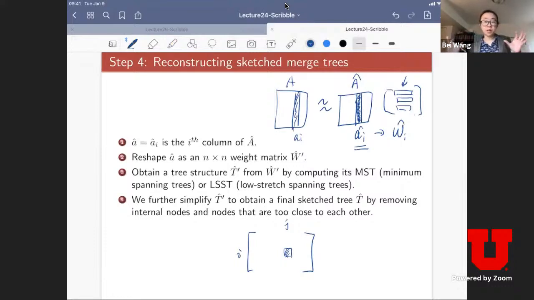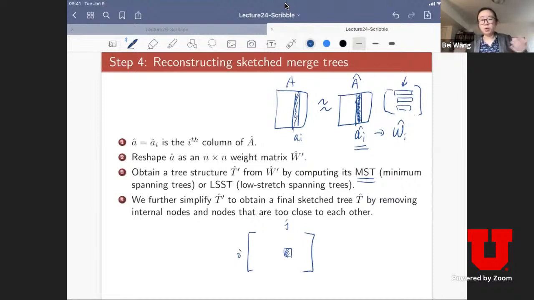So when I say I'm going to compute, for example, a minimum spanning tree, it means I'm going to connect the nodes that have the smallest weight first, which means they're the ones closest to each other in the original merge tree structure. Okay, so with a minimum spanning tree, you have a bunch of nodes and pairwise distances, right? And you look at the tree that connects the nodes together with the smallest cost.